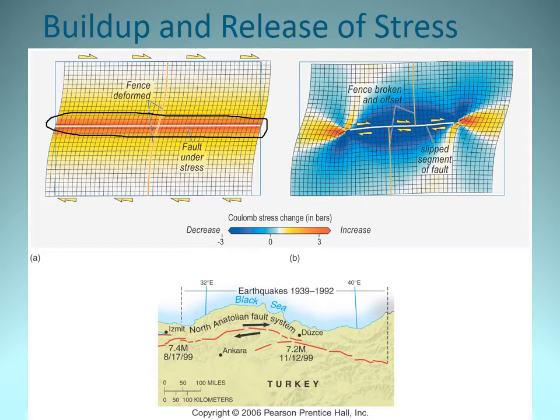So once the stress is built up too much beyond the breaking point, then that stress is released along the fault. And that release of stress is an earthquake. Now keep in mind that anytime we have an earthquake, that stress doesn't really go away. It moves.